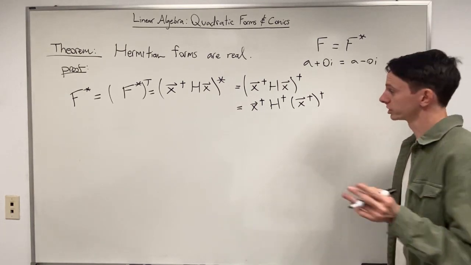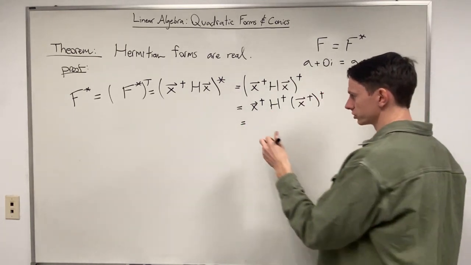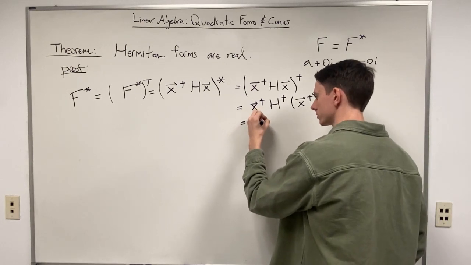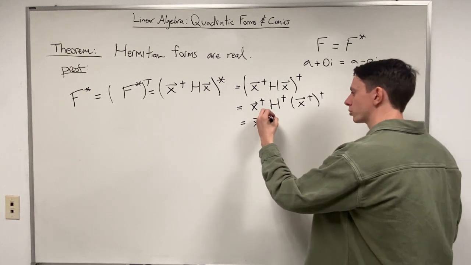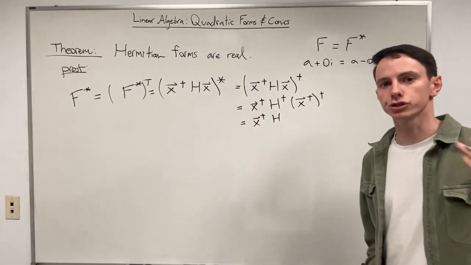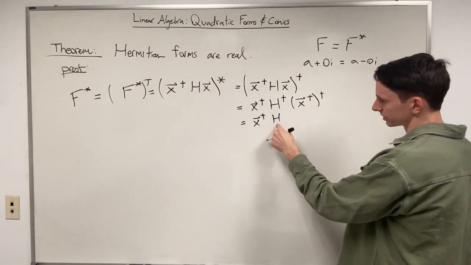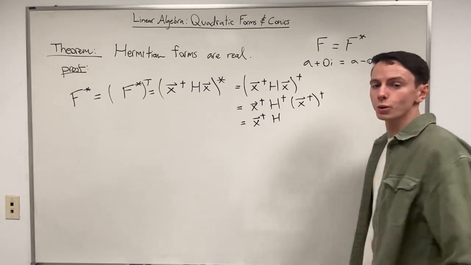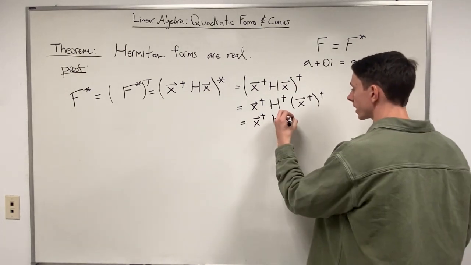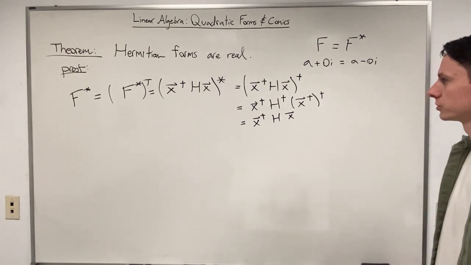And then it's just a matter of simplifying. We can't simplify this first term right here. It's still just going to be x dagger. For this term right here, H dagger, we know that's going to be equal to just H because H is Hermitian. And by definition, a Hermitian matrix satisfies that the matrix is equal to its Hermitian conjugate. And then finally over here, when we apply the dagger two consecutive times, that brings us back to the original vector x.